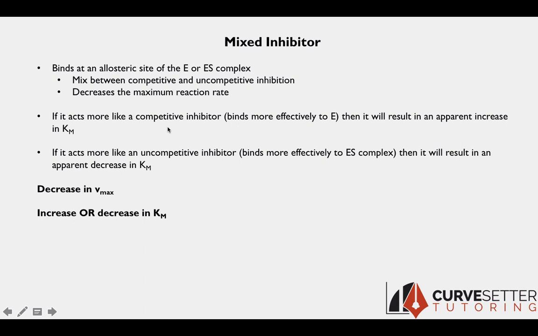If that mixed inhibitor acts more like an uncompetitive inhibitor, meaning it binds better to the ES complex than it does to enzyme alone, then, like an uncompetitive inhibitor, it's going to result in an apparent decrease in Km.